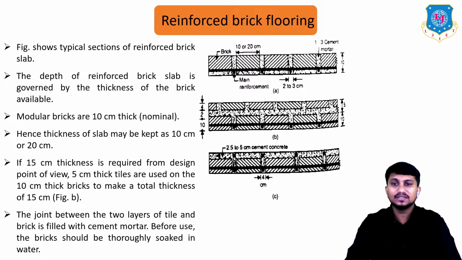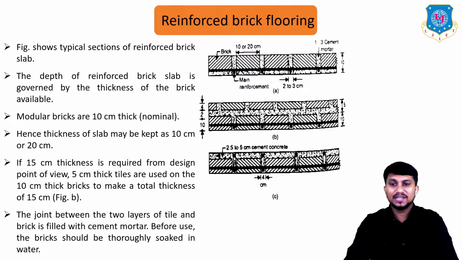If 15 cm thickness is required from a design point of view, 5 cm thick tiles are used on 10 cm thick bricks to make a total thickness of 15 centimeters. You can clearly see this type of arrangement in figure B. A 10 centimeter brick and 5 centimeter tile are used. The joint between the two layers of tile and brick is filled with cement mortar.